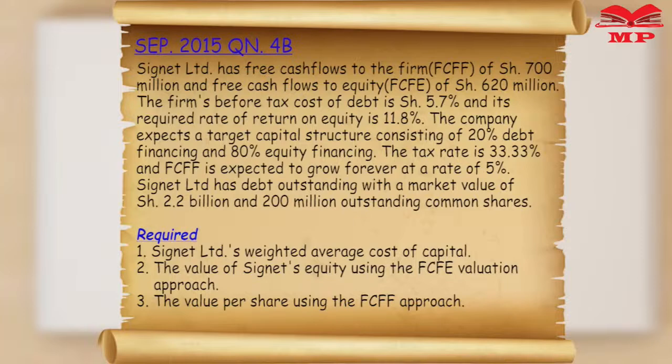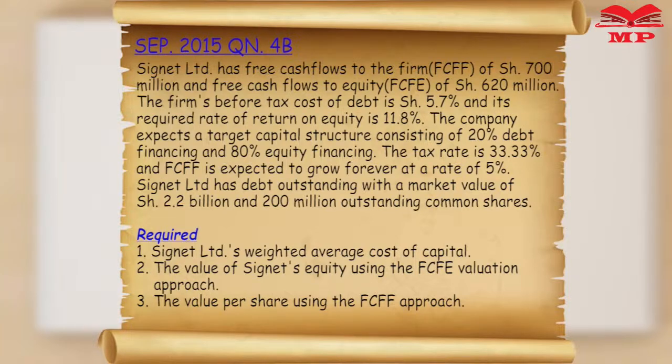Signet Limited has free cash flow to firm FCFF of 700 million and free cash flow to equity FCFE of 620 million. The firm's before tax cost of debt is 5.7% and its required rate of return on equity is 11.8%. The company expects a target capital structure consisting of 20% debt financing and 80% equity financing.